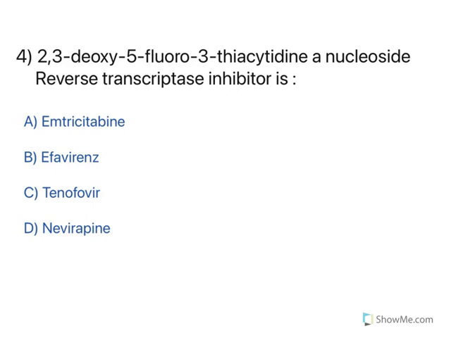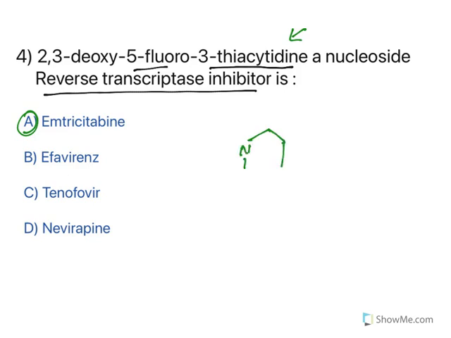Now, 2,3-dideoxy-5-fluoro-3-thiacytidine, a nucleoside reverse transcriptase inhibitor. What is this? The answer is emtricitabine. All these antiviral drugs, most of them are nucleoside analogs. Now let us understand this structure. All DNA has 4 nitrogen bases, and it is always important to learn those nitrogen bases.